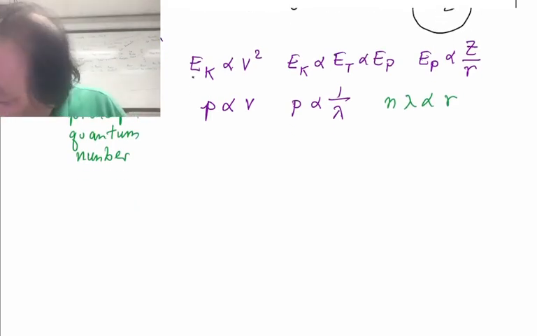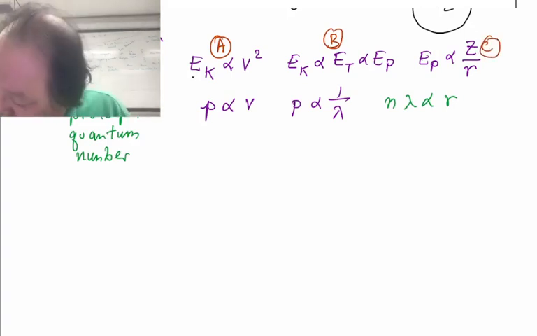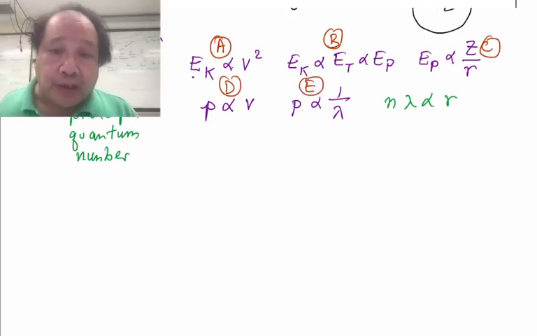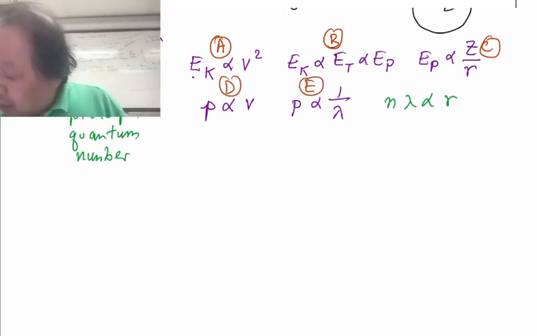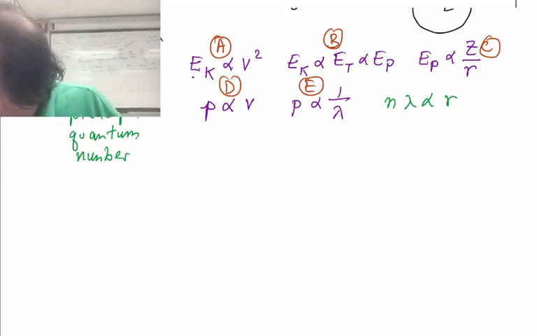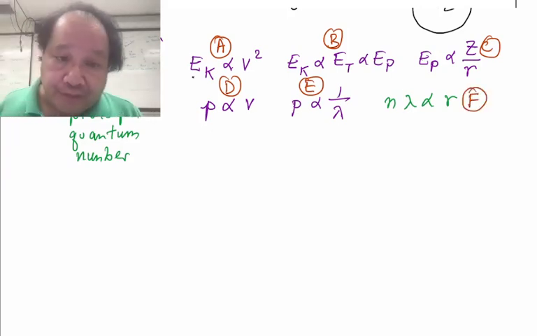Let's give them names, letters. This is A. This one will be B, C, D, E. And because Bohr recognized that the orbits are waves, he recognized the new proportionality relationship, F.